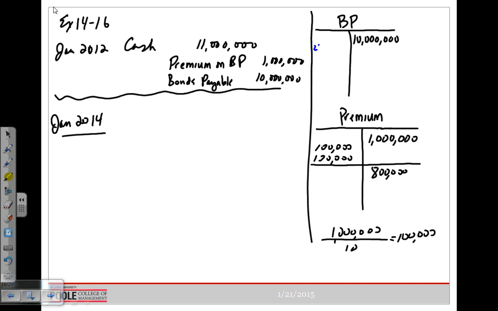So $4 million, and that would leave $6 million. And if $4 million of the bonds have to be retired, how much of the premium do you think should come off? Well, it looks like 40%, so I'm going to take 40%, $320,000 of the premium will come off, and that leaves $480,000. So let's make those debits and credits here. So we have bonds payable.